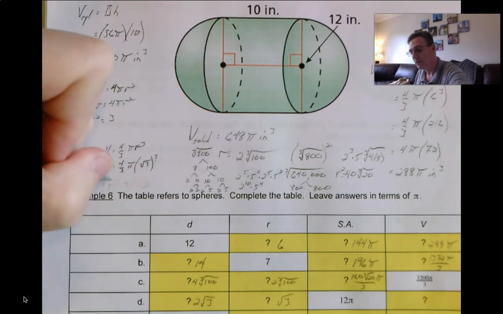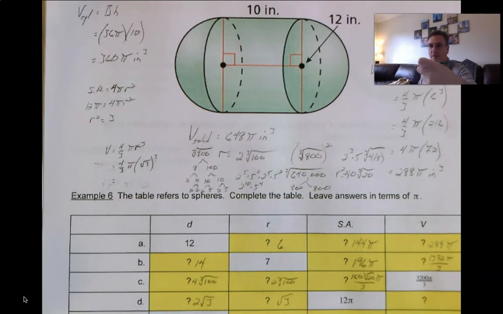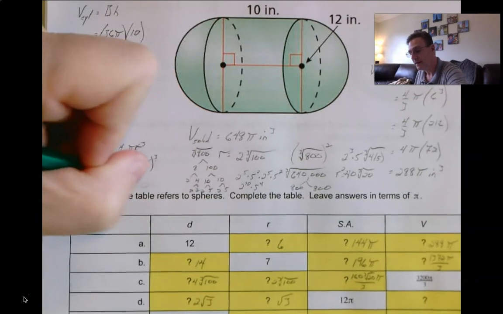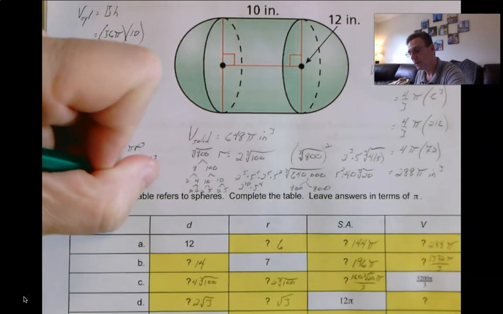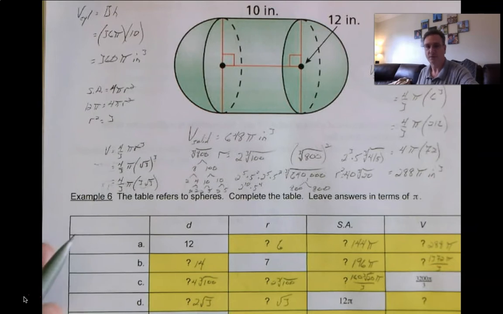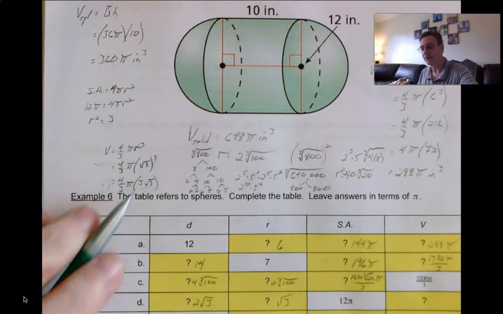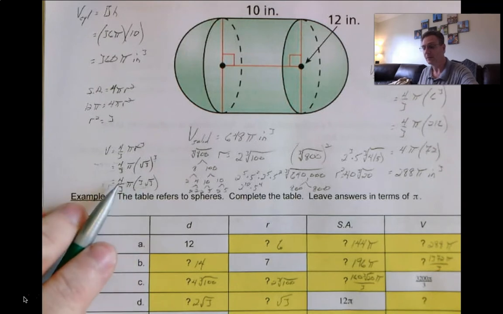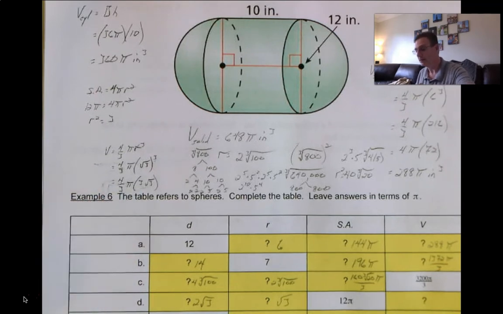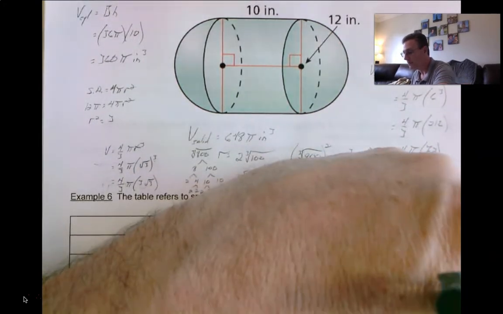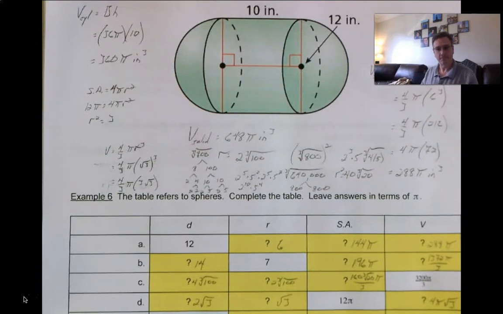So square root of 3 cubed is square root of 3 times square root of 3 times square root of 3. 4 thirds pi, 3 square root 3's. Square root of 3 times square root of 3 is 3, with one more. So the 3's cancel, and I'm left with 4 pi square root 3. Okay.